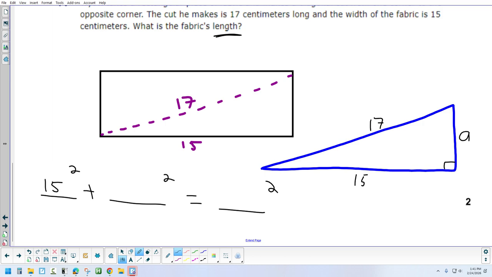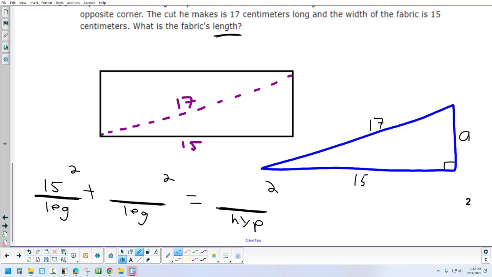So this, what do we call this side again in the triangle? That's one of my legs. How about this one? This is one of my legs. And what about this one? Hypotenuse.